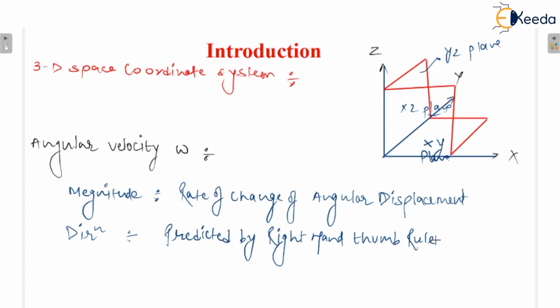So this is the magnitude and the direction of angular velocity. How to use the right hand thumb rule? There is a procedure. I'm going to tell you how to decide the direction of the angular velocity.